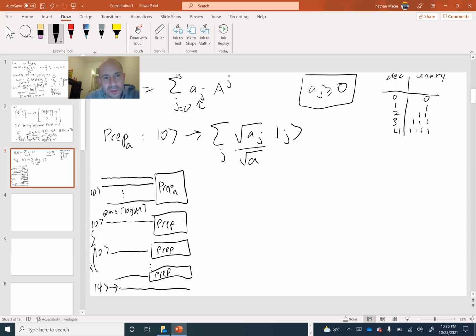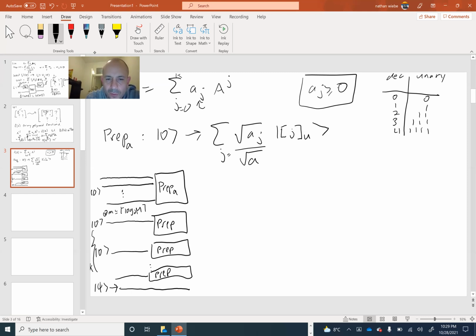And the reason why we do that is because it's going to be a lot easier to control on it. In particular, the way that the summation is going to work is we're going to take the sum to be the unary version of j, which I'll denote like this.